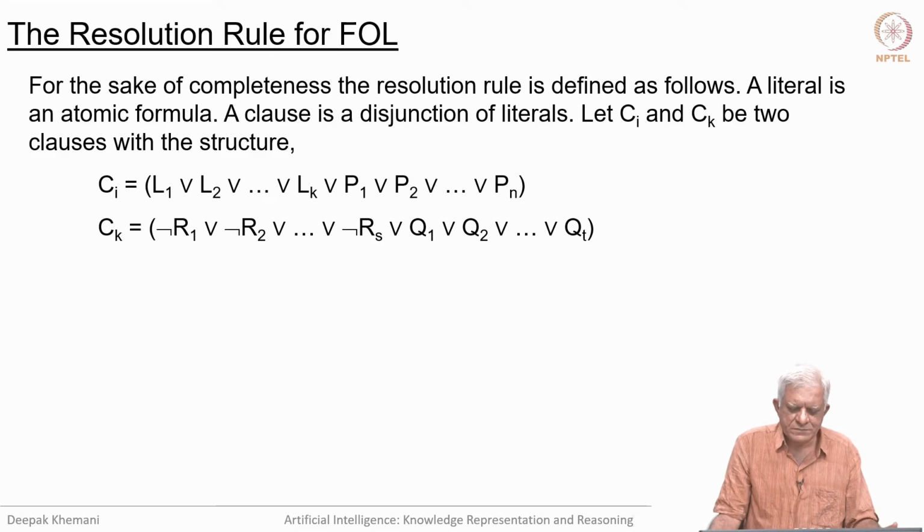So, for example, in these two clauses C1 and C2, C1 has a set of literals which are L1 or L2 or Lk, and what we are trying to say here is that they look similar essentially, in the sense that L1 and L2 will use the same predicate name, their variables may be different and things like that.